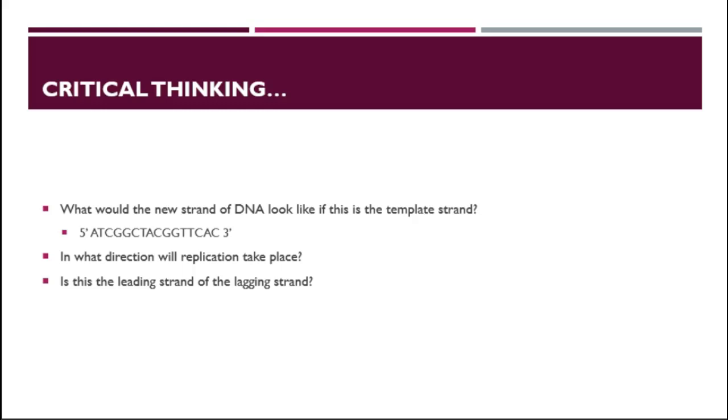So think about DNA polymerase III. What direction does it work in? Is this segment that you see here the leading strand of DNA, or is it the lagging strand? These are some things that you need to think about and be able to do so that you can be successful on the exam. So that's the end of 8.1.